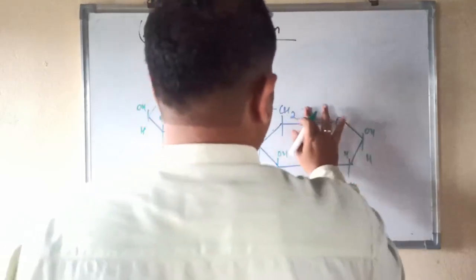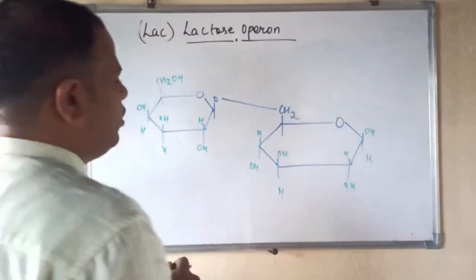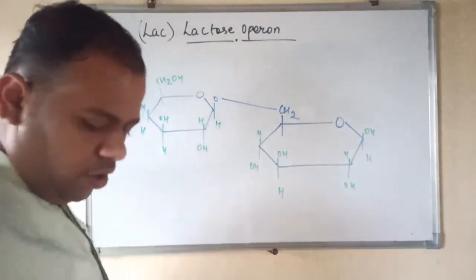Okay, so this is how it is going to form a bond here. So this is the structure of allolactose.